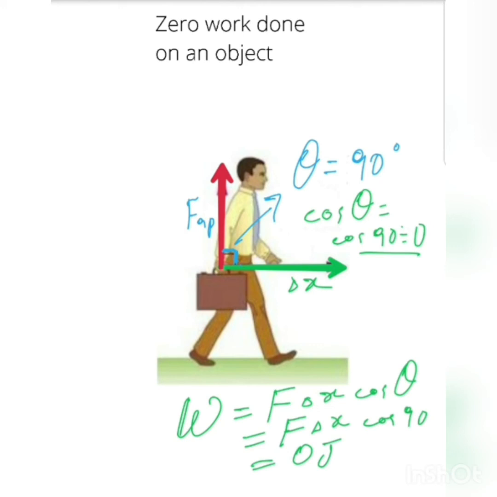Meaning whenever we have an angle of 90 degrees between the force applied and the displacement of an object, we are basically doing 0 work on the object, and 0 work means that there's no energy that is transferred or removed from the object or the system itself.